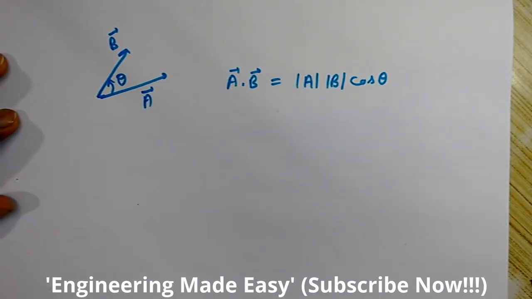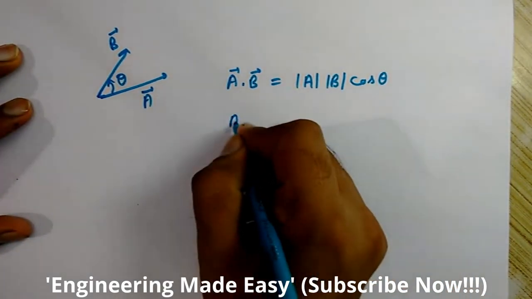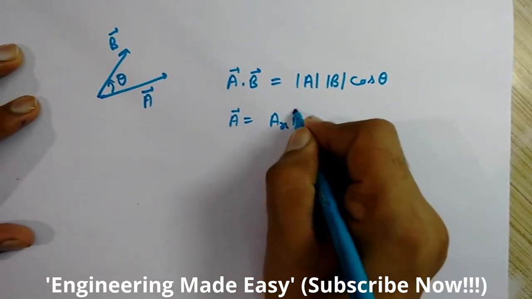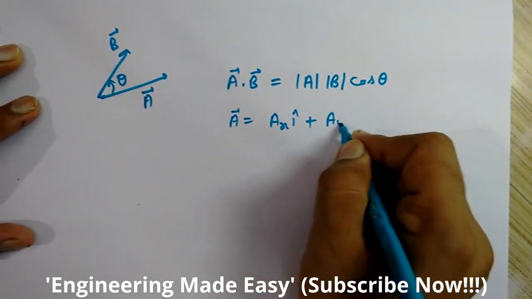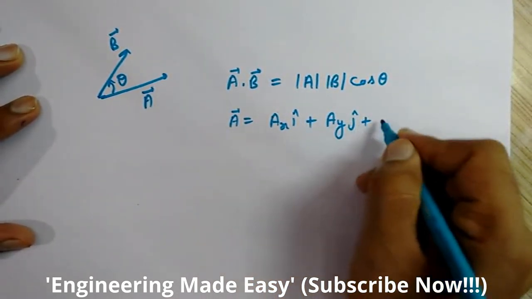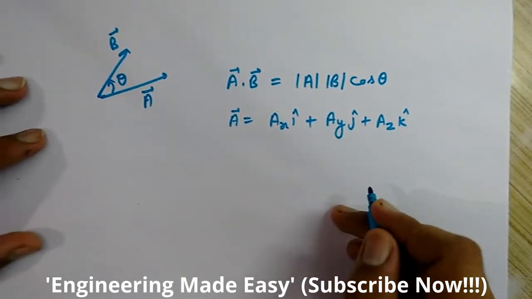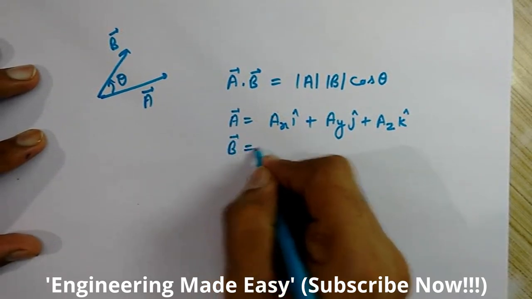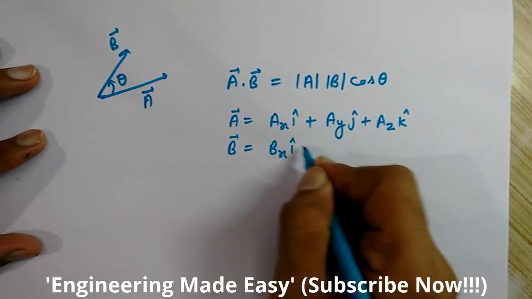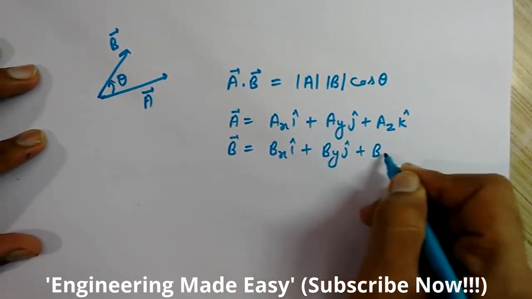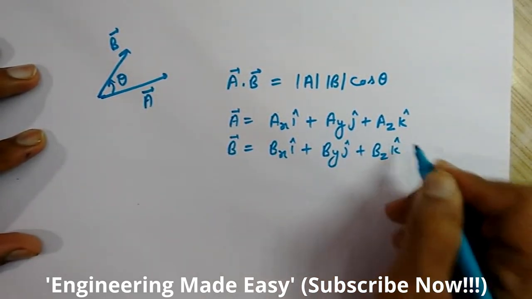So let's suppose that vector A is equal to AX i cap plus AY j cap plus AZ k cap, and vector B is equal to BX i cap plus BY j cap plus BZ k cap.